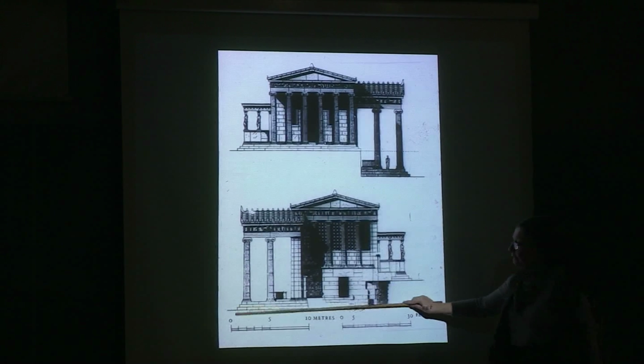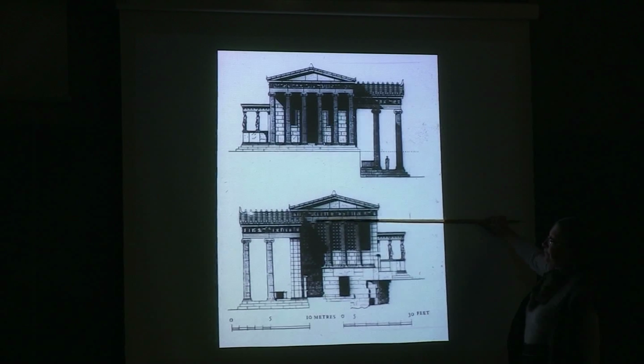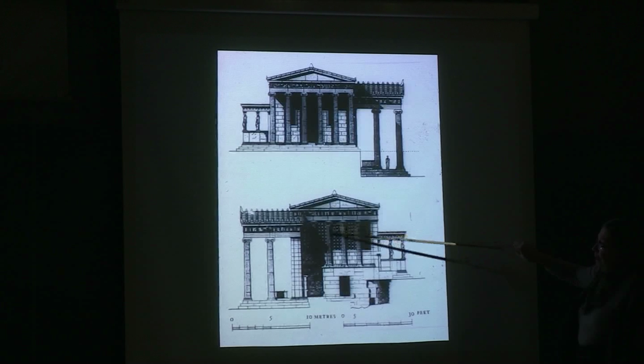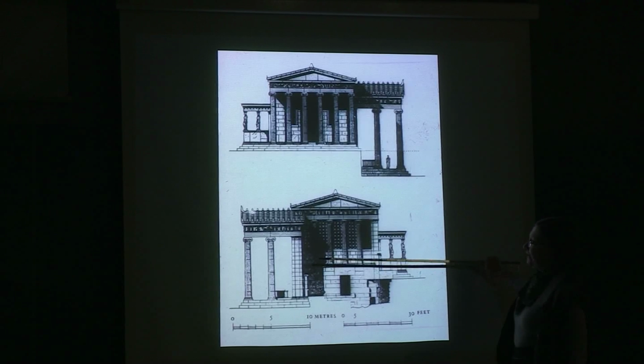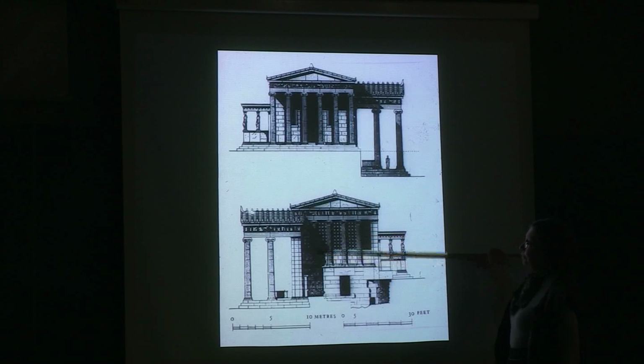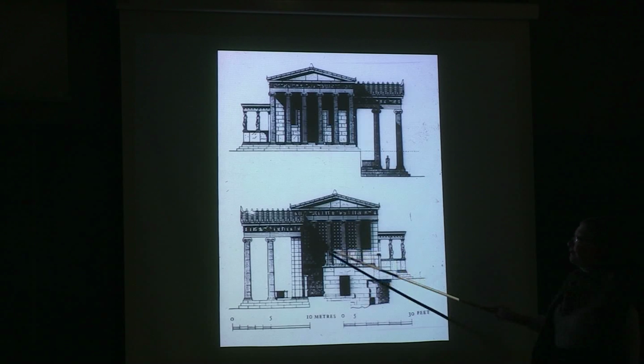With the level of the land and the height of the entablature, you would have had to have columns going all the way to the ground, which would give an unsightly appearance to the temple. In order not to do that, there was a blank story that was created, and above that, not to have a blind wall here, engaged columns, which are not freestanding but which are half columns stuck to the wall, are created. There's one other difference here.